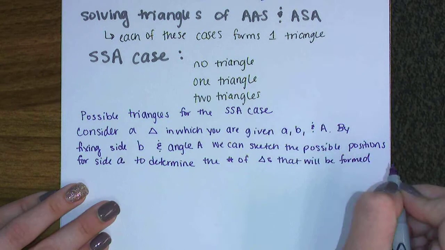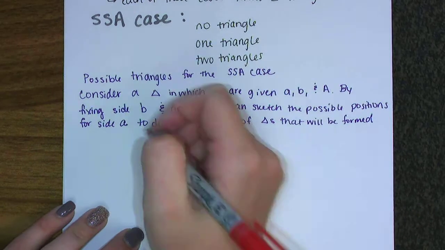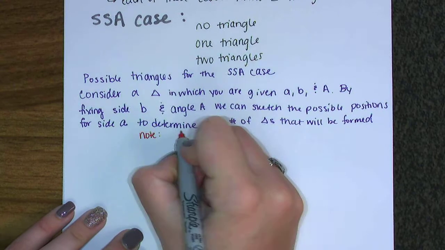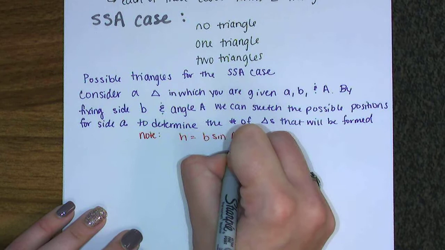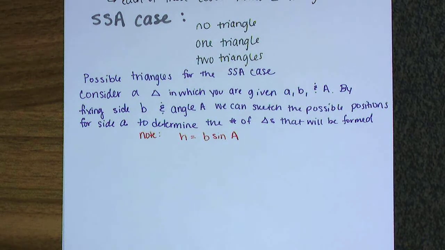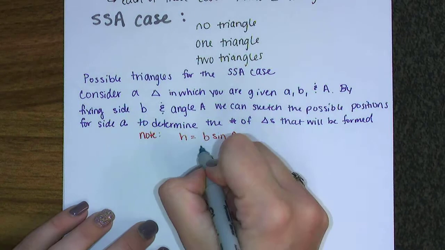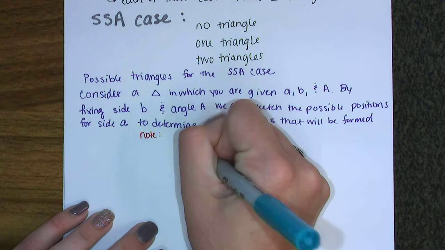Okay, another important thing here to note is we're looking for, or in some cases we need to find, H. H is equal to B sine of A for this given case here. Okay, and with this I mean that B here is the side without the given angle.